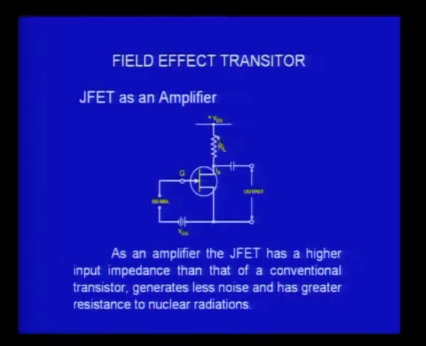Because this current is varying, the current flowing through that RL will make a voltage develop across it, which will also vary in exactly the same way as the variation of the signal here. Therefore, when I connect the output to a loudspeaker or whatever, I will get an amplified signal.